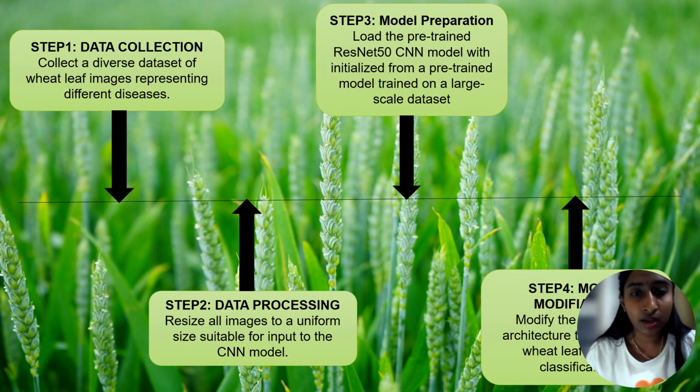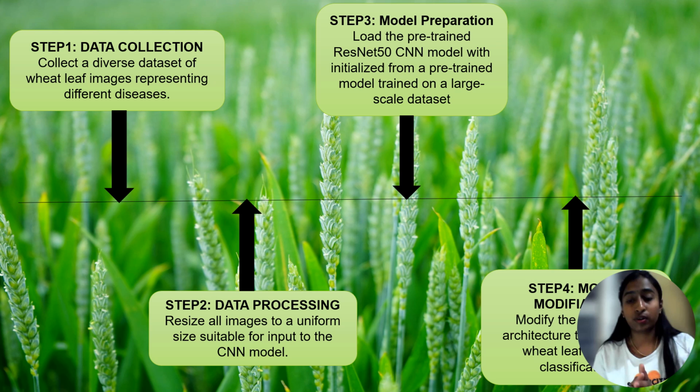The first step is collection of data, as I told. First we need to collect a diverse dataset of wheat leaf images that contains different disease classes. As I told, it not only contains those four diseases, it will contain all types of disease classes.